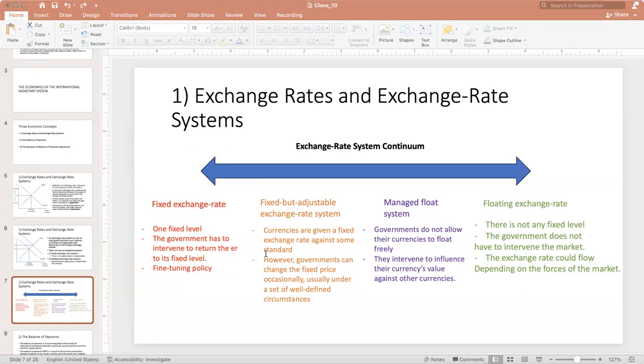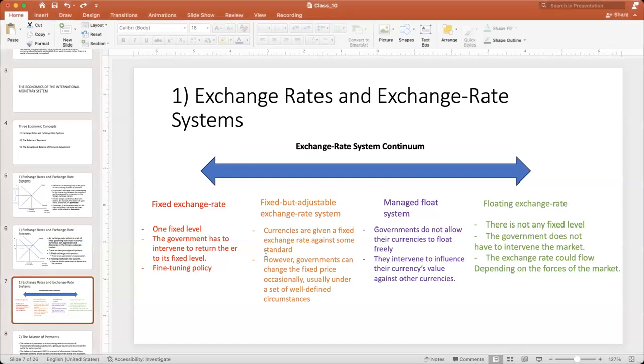In a managed float system, the central bank and monetary authorities occasionally intervene in the foreign exchange market to influence the exchange rate. They may buy or sell their own currency to stabilize or manage the currency's value in response to excessive volatility, speculative attacks, or to achieve specific policy objectives.